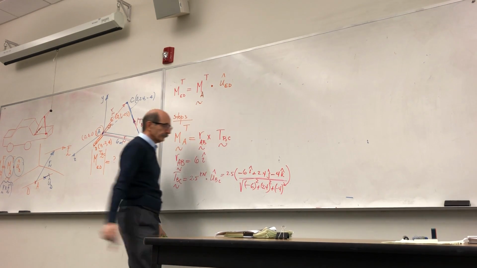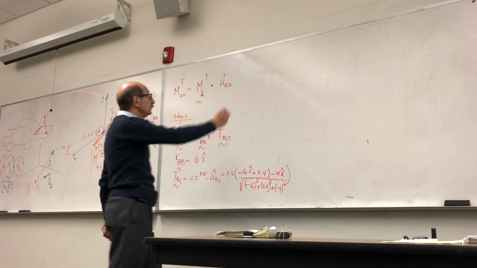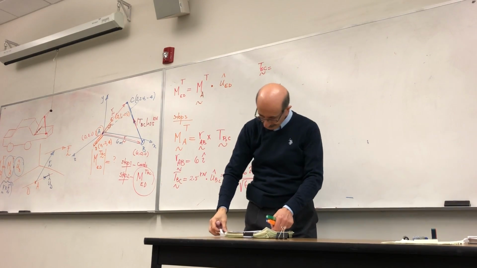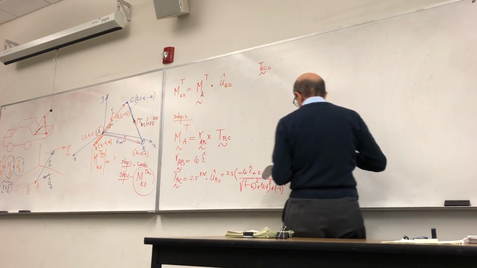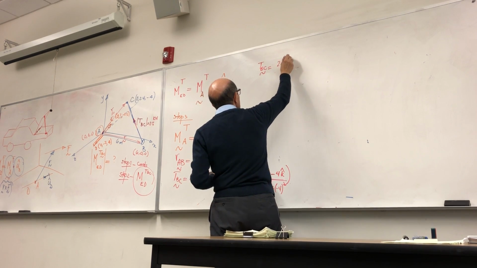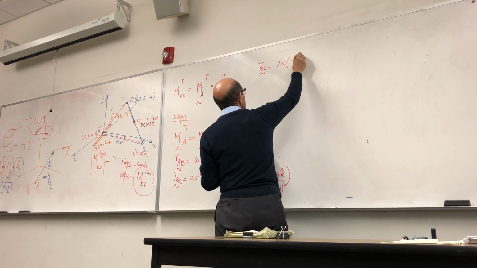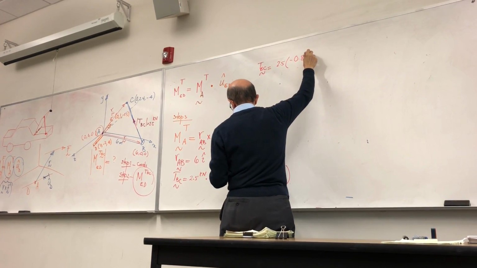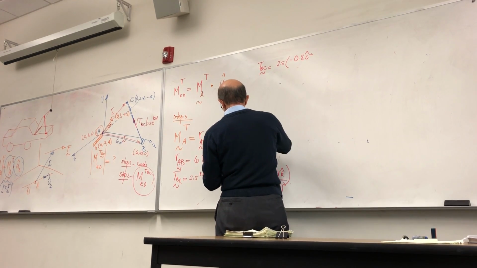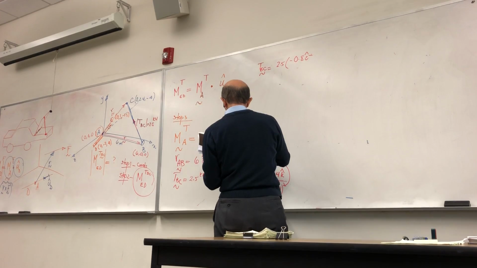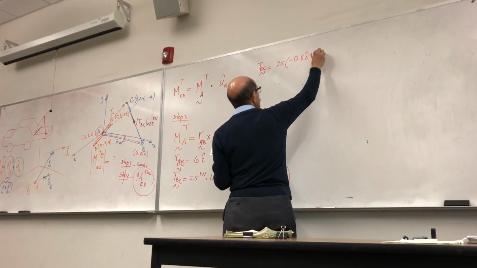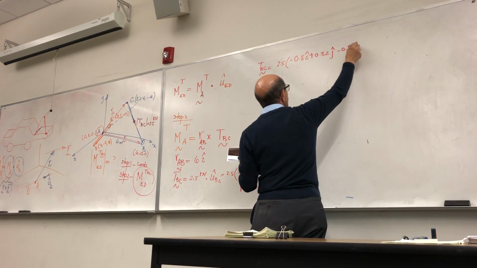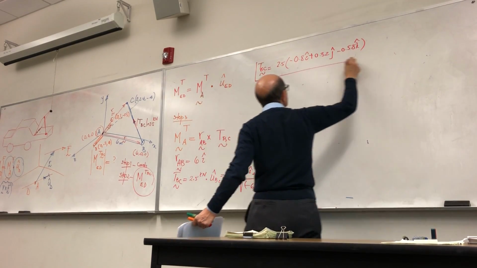If you simplify that, you'll see that the force BC comes out to be, I have the answer here, 2.5 times negative 0.8I, positive 0.32J and negative 0.58K. So that would be the force.